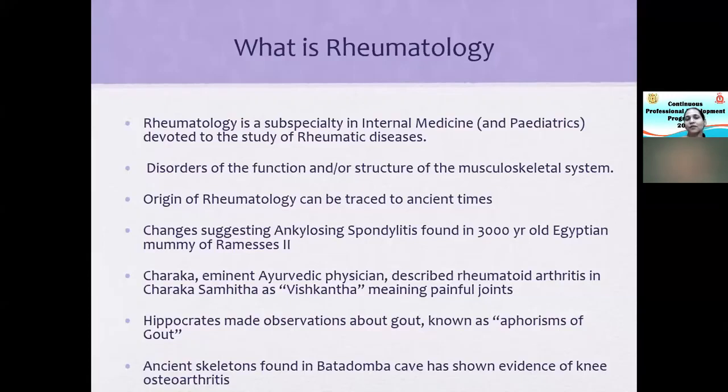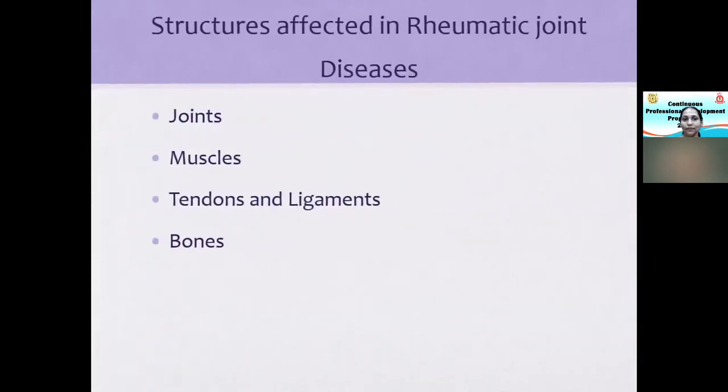Hippocrates himself made observations about gout, known as the aphorisms of gout. And more locally, ancient skeletons found in Mata Dombalena have also shown evidence of knee osteoarthritis.